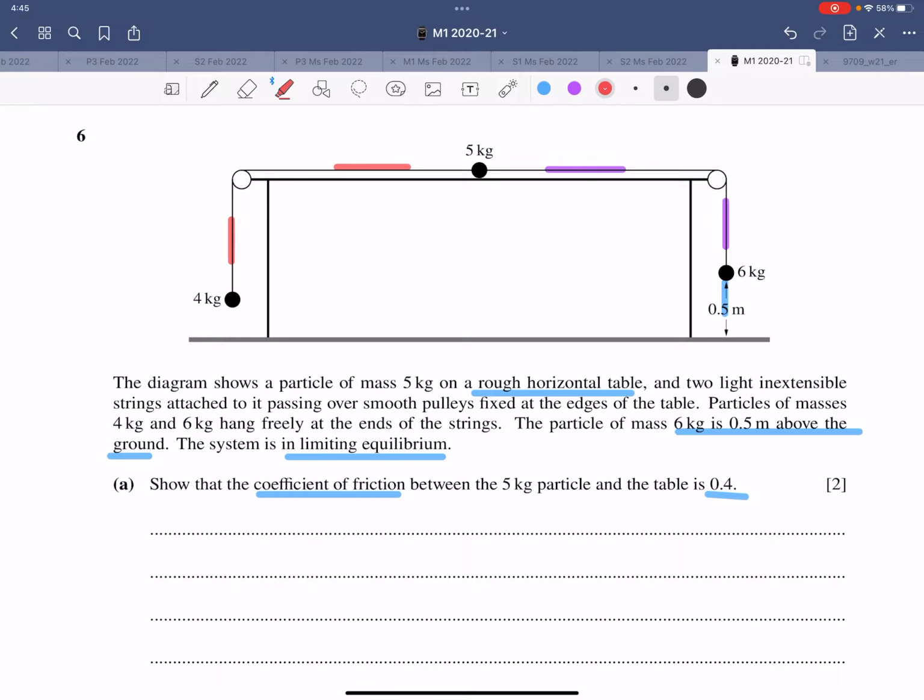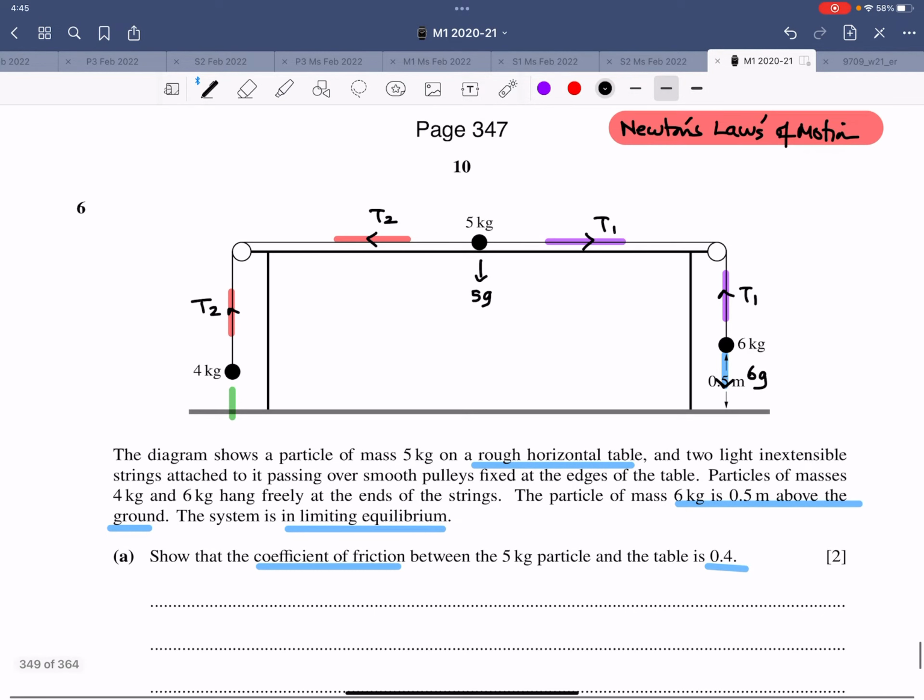Now let me start labeling. This is 6G. So first thing first, this is 6G, and on the right I'm labeling this as T1. This is T1, this is T2, this is T2, this is 5G, and there is an R over here, and the 4G is like this.